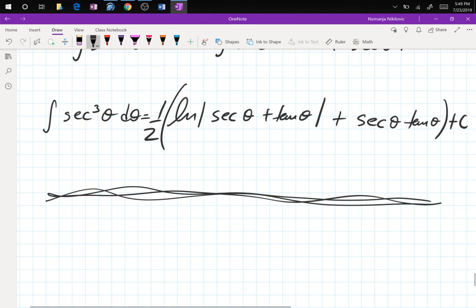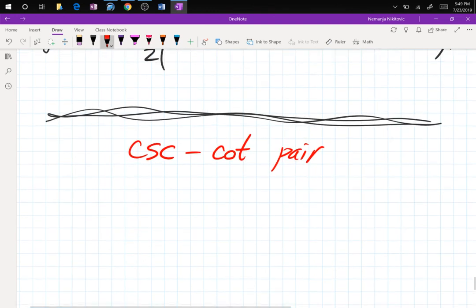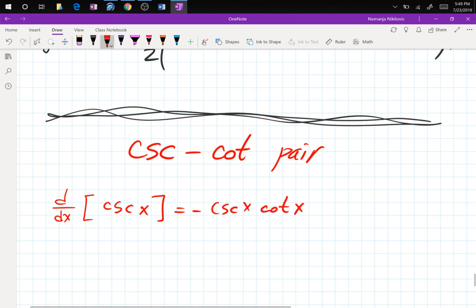So welcome to the cosecant cotangent pair, where we have that the derivative of cosecant x is negative cosecant x cotangent x, and where we have that the derivative of cotangent x is negative cosecant squared x.